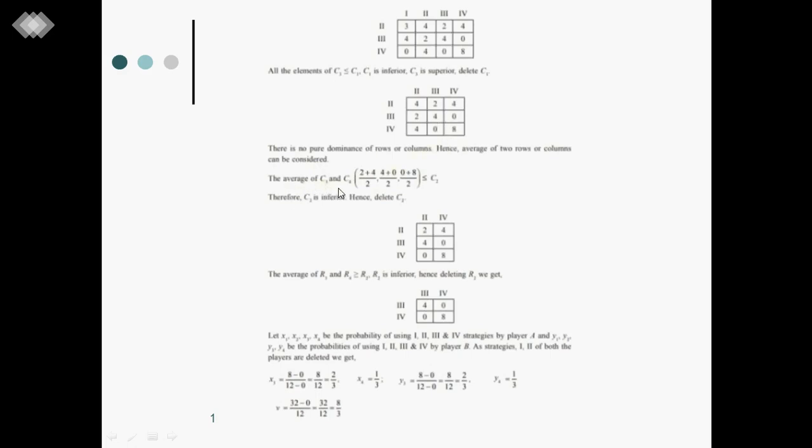The average of C3, this one, this and this if you group: 2 plus 4, 6, 6 by 2 is 3, this is 2, this is 2 again. The average should dominate a single column or single row.